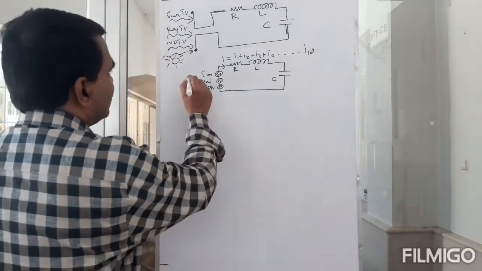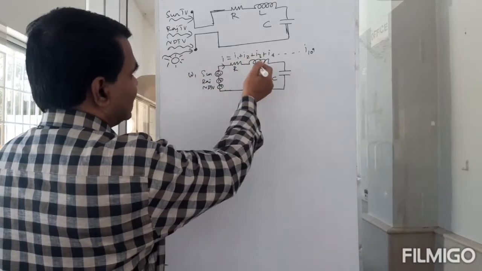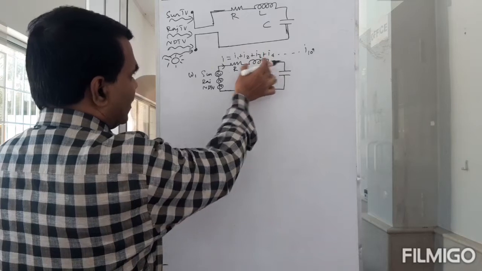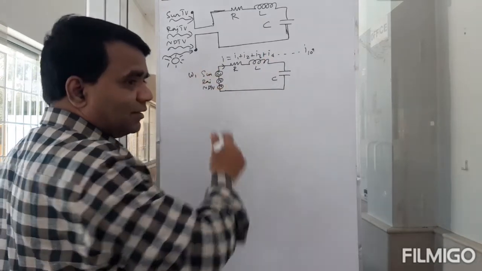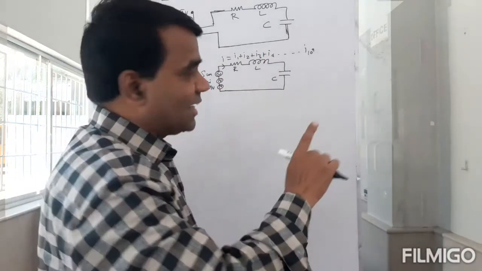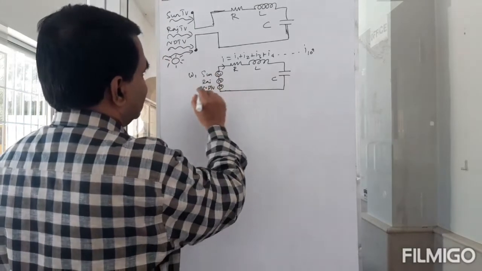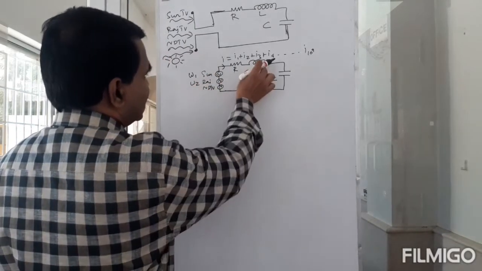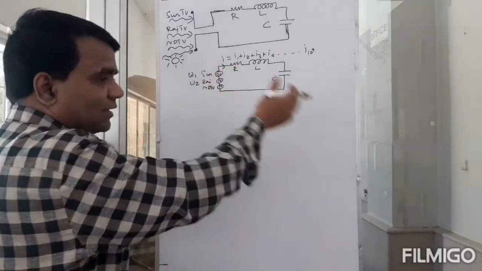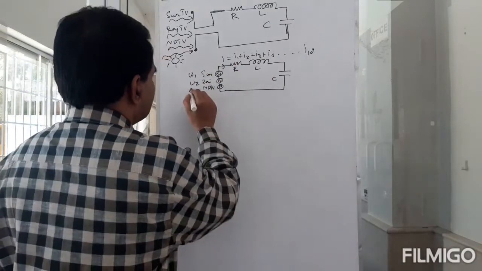So if Sun TV is omega 1, then this inductor will offer one reactance to Sun TV. And this is omega 2, the same inductor will offer a different reactance to Raj TV and so on.